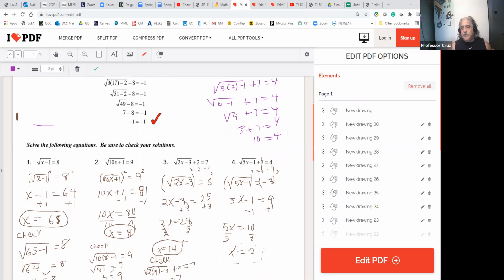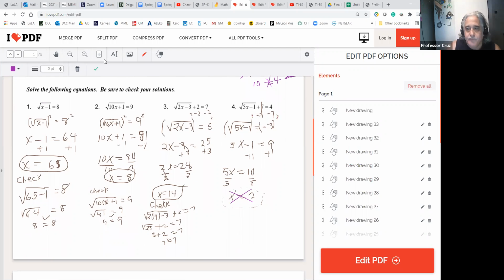What does that tell us right there? Remember, when you check a solution, you're supposed to come out with a true statement if it's done correctly. This one is not a true statement. All right. So, no solution.